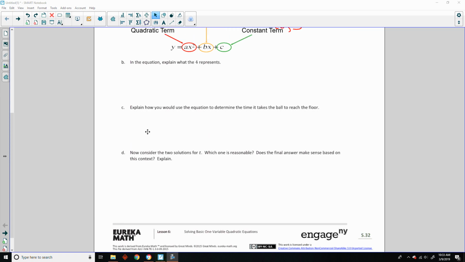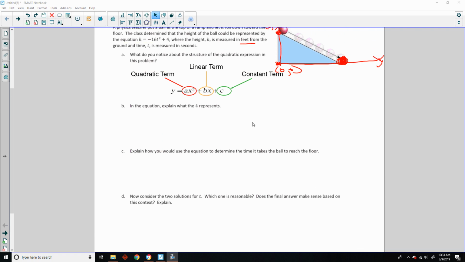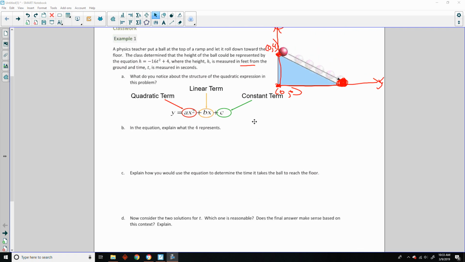Okay, so it says explain how you would use the equation to determine the time it takes the ball to reach the floor. Well, you would set it equal to 0, so let's do that. Whenever we're doing a math problem, we always write the formula. So we are given h equals negative 16t squared plus 4.